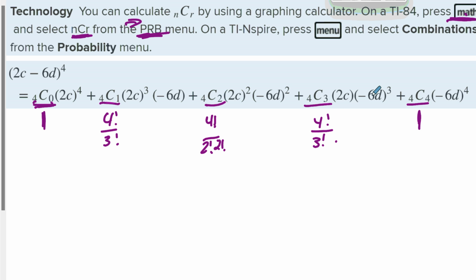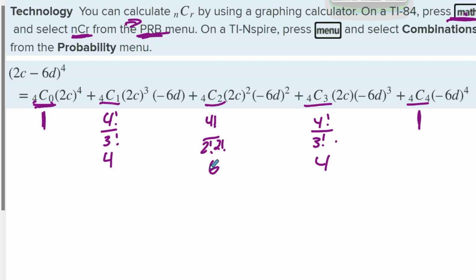So you can put it in the calculator or do these by hand. We end up with the coefficients of 1, 4, 6, 4, and 1, with the 4 on both sides of the middle 6.